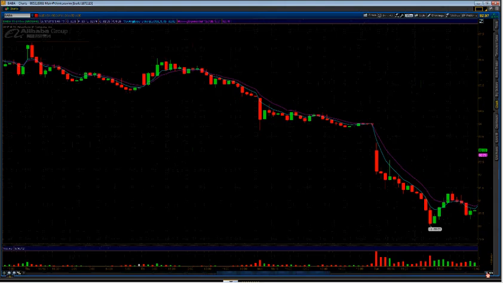So what would we have done with our puts? The 9 is no longer pointing down or sideways. It's pointing up, but my 5 hasn't crossed it yet. We sell. Do we need to buy calls here? We'd still wait.